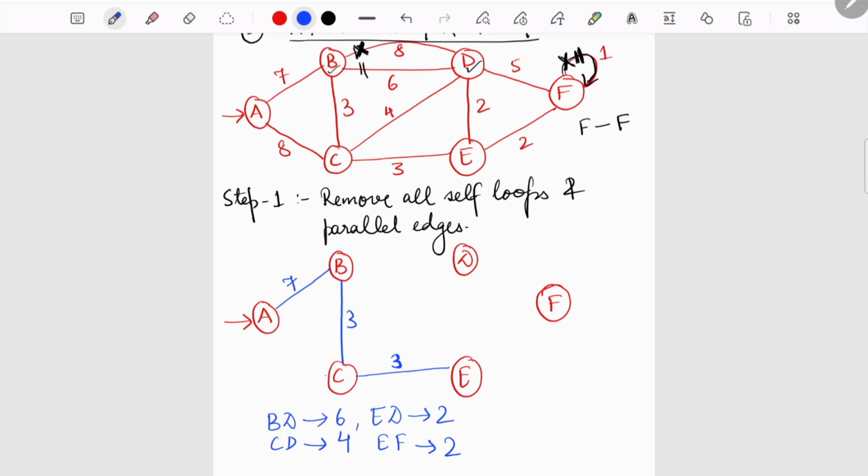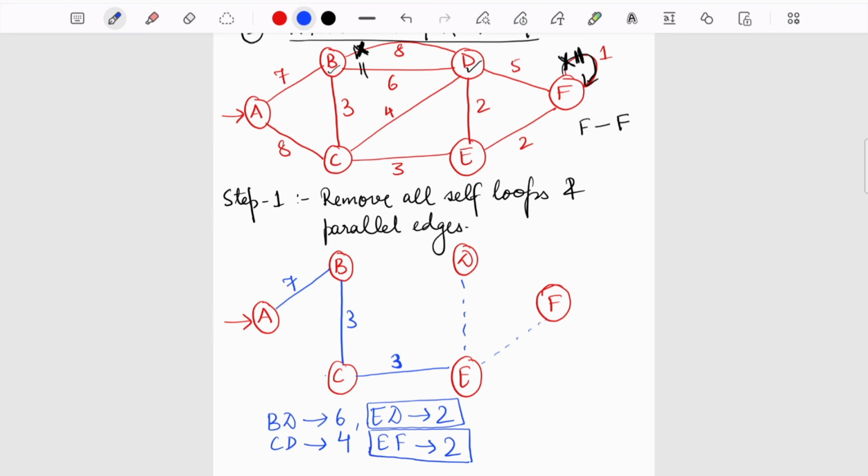Correct? Now if you try to find the edges with the least weight, you will see that there are 2 edges with equal but smallest weights, which are ED and EF. So we can select either of them.